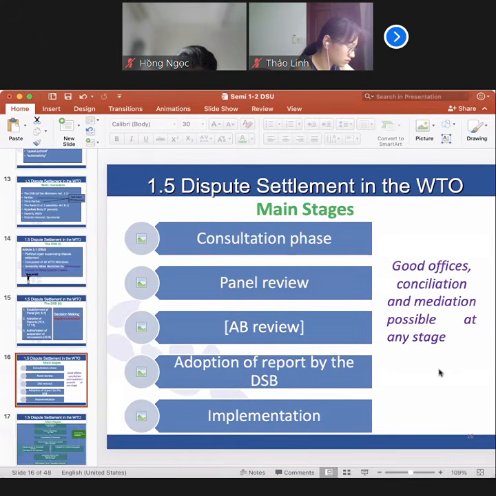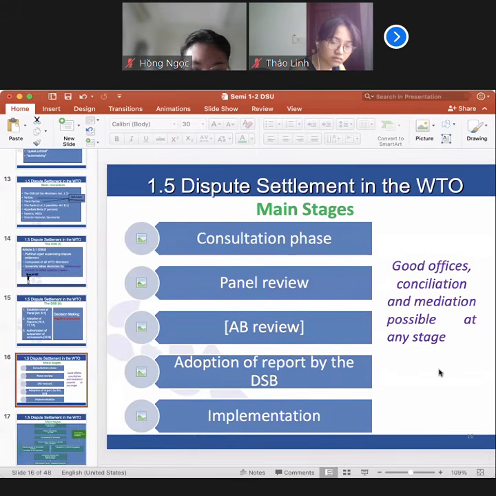Okay, and so although we have here 5 stages, it is not necessary for a specific dispute to go fully through these 5 stages, right? It can be settled at any stage, and along with these procedures, it can at any stage escape out of the system by choosing good offices, conciliation, and mediation. And the WTO provides this right for the disputing parties to stop the dispute settlement system at any time they wish to.